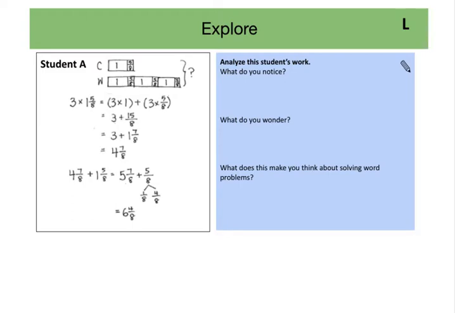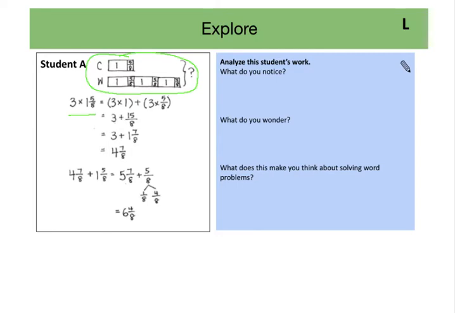All right, so what did you notice here? Did you notice that they drew a model to represent the child and the woman? Did you notice here that they solved first for 3 times 1 5/8? And did you notice they used the distributive property? Right, they did 3 times 1, 3 times the 5/8.